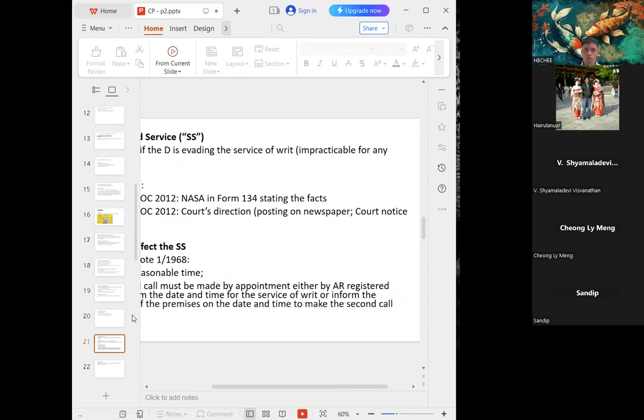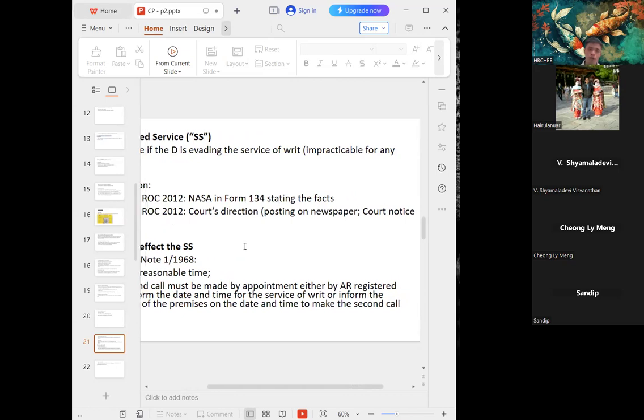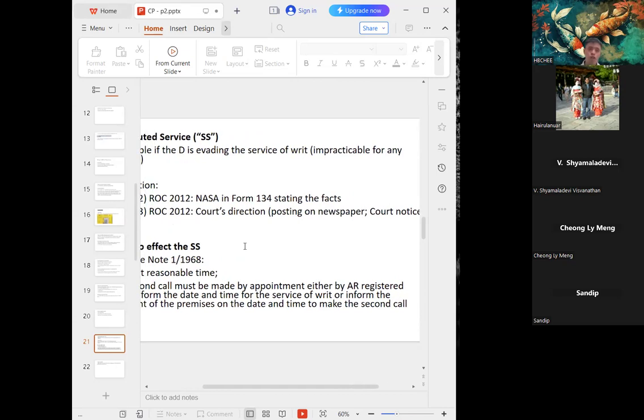Because when you want to file the application for SS, in your affidavit you must state the facts of how and why you cannot serve the writ. So we have to prepare an affidavit for the process server: on which day he went to the place of the defendant, and what he can see from the house, he has to take a picture.